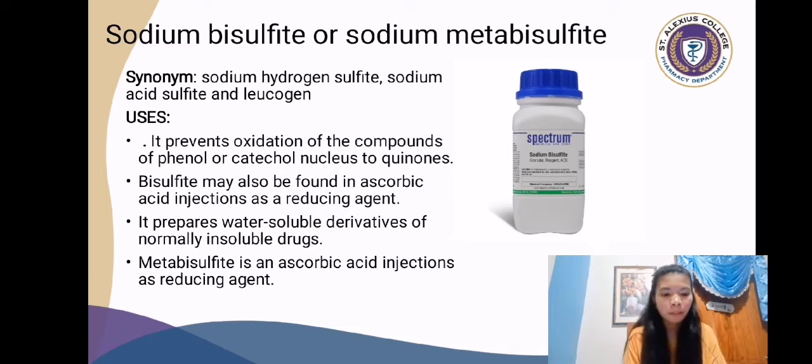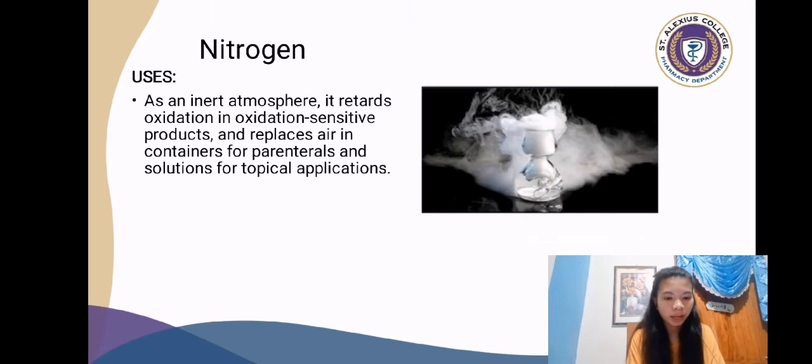So, it is also found daw in ascorbic acid injections as a reducing agent. It prepares water-soluble derivatives of normally insoluble drugs. So that is the sodium bisulfite or sodium metabisulfite.